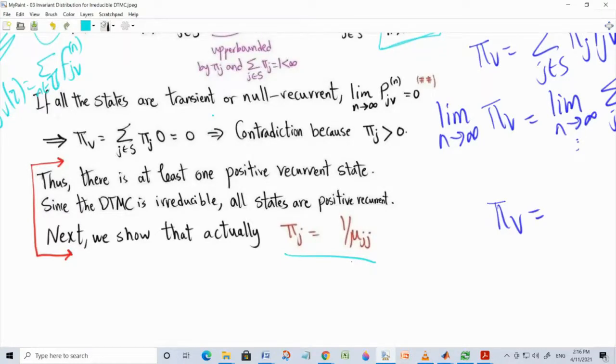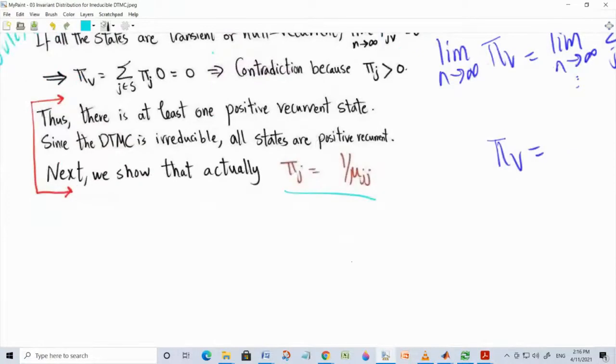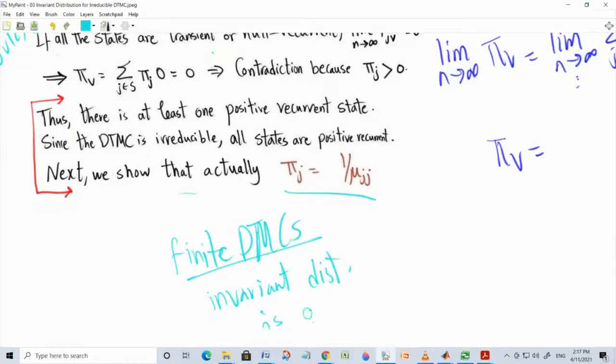Okay, so again, let us basically think about what we are doing. Previously we talked about finite discrete time Markov chains. Invariant distribution is guaranteed to exist. Now we want to make statements about infinite discrete time Markov chains, so there is a cost.